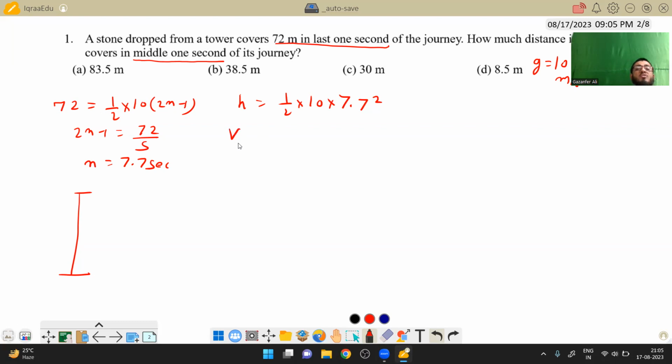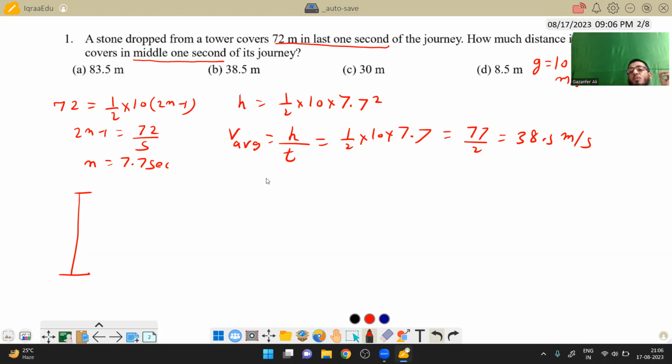Then what is the average velocity over the entire motion? Total height upon total time, which will be half into 10 into 7.7, which is 77 by 2, 38.5 meter per second. Now I'm going to give you a very interesting result.